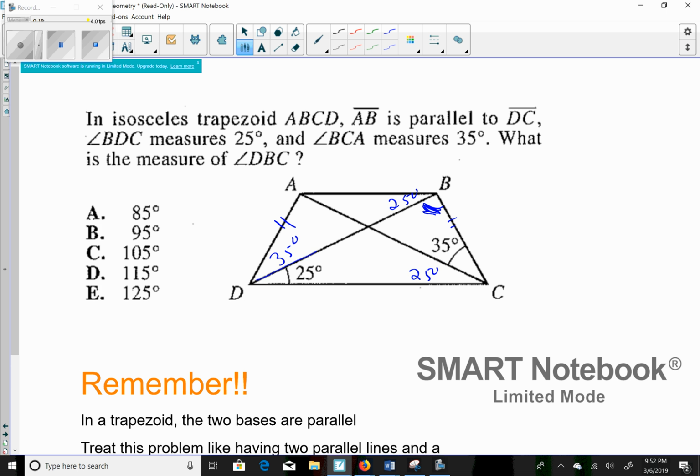So if I look at this triangle here, these two would be 50 degrees, which means 180 minus 50 degrees is 130 degrees, which means this angle here is 50 degrees because they're supplementary angles. And so then I'm going to take 180 and subtract 35 degrees plus 50 degrees, and I'm going to end up with B, which is 95 degrees.